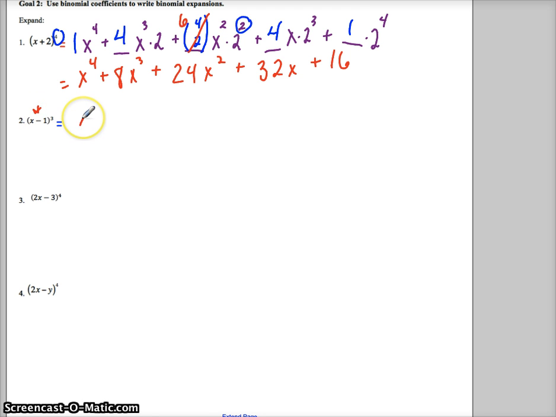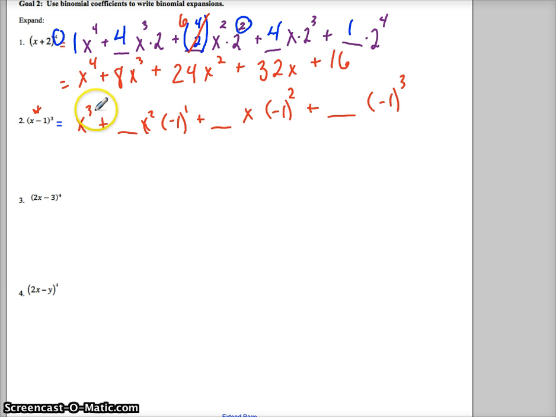So we know we have x to the third plus the binomial coefficient times x to the second times negative 1 to the first, plus the binomial coefficient, x to the first times negative 1 to the second, plus the binomial coefficient times x to the 0 times negative 1 to the third.